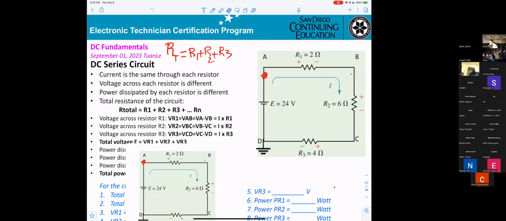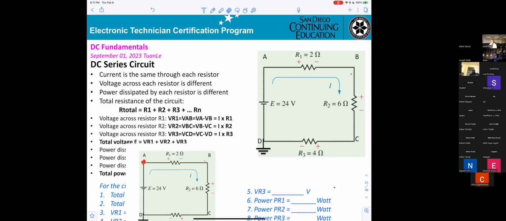Now, if you're looking at this circuitry here, R1, R2, R3. When you look at a circuit, you recognize it will be series or parallel.